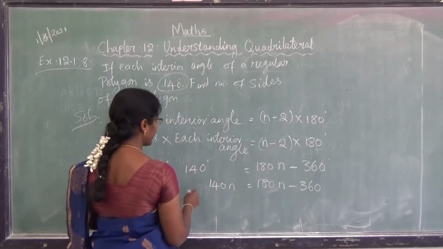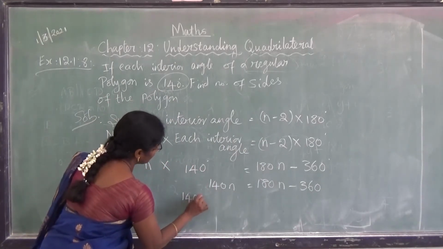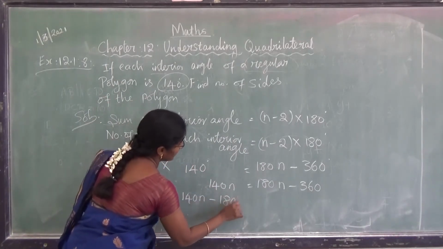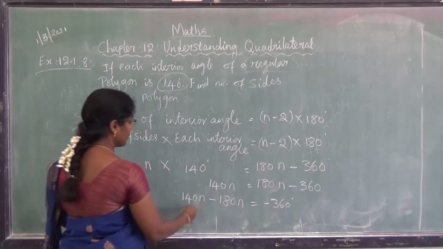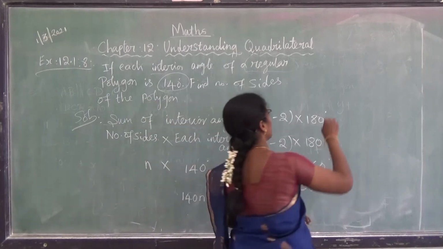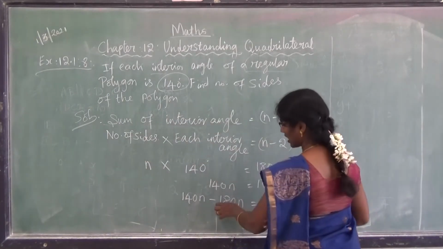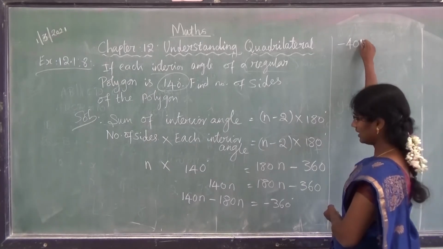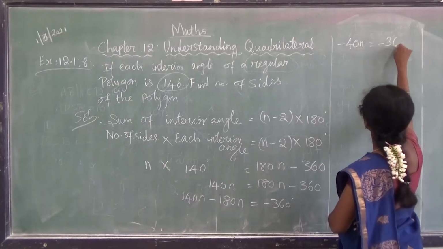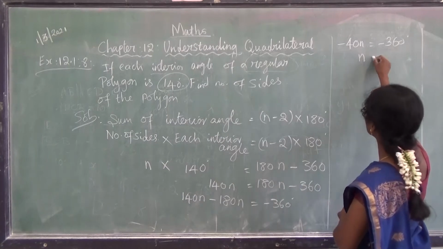So bring the n to the same side. So 140n minus 180n is equal to minus 360. So 140 minus 180, 180 is the greater number, so there we have the minus symbol. If you subtract, it is minus 40n, which is equal to minus 360. Now we need to find the value of n.